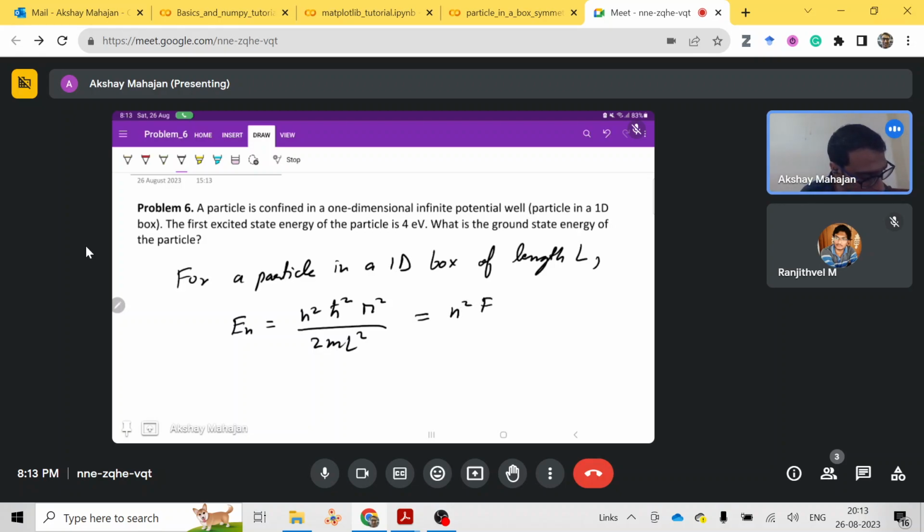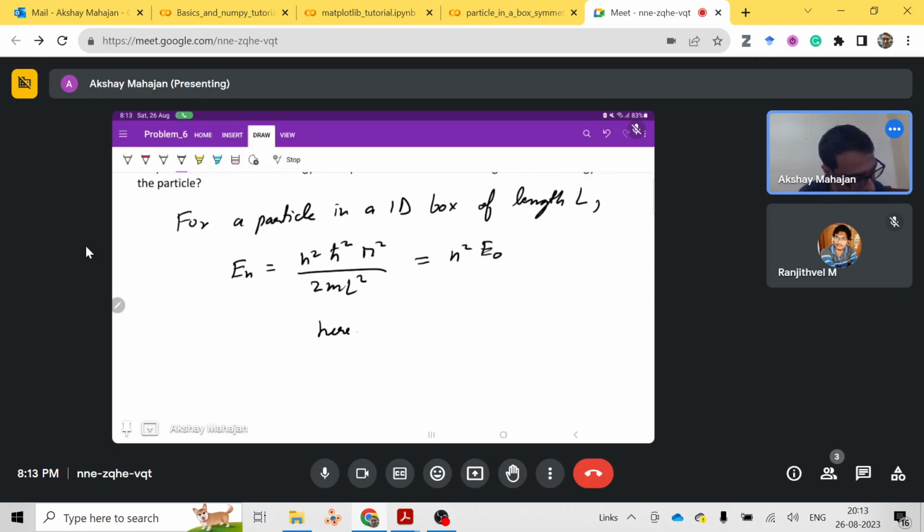Here E naught equals h-bar squared pi squared by 2mL squared.